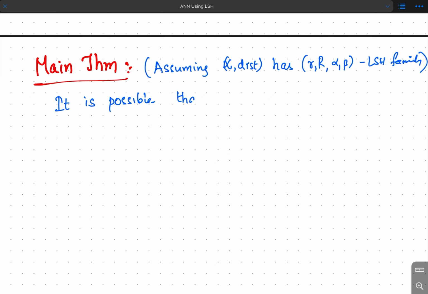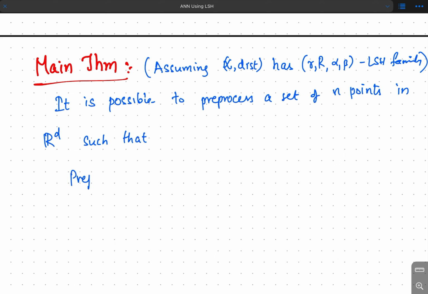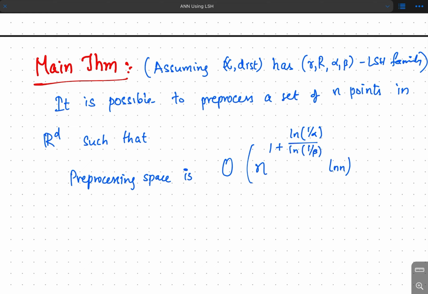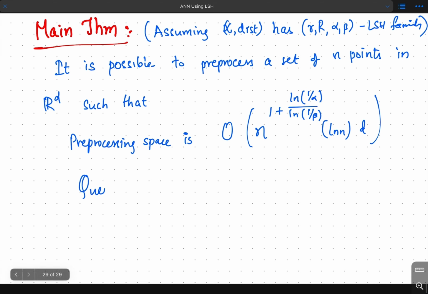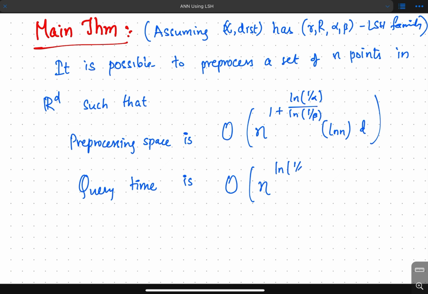It is possible to pre-process a set of n points in R^d such that pre-processing space is O of n power 1 plus ln(1/alpha) by ln(1/beta) times ln n times d, and query time is O of n power ln(1/alpha) by ln(1/beta) times d.